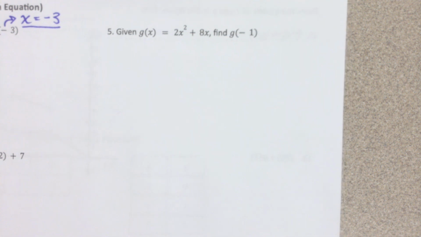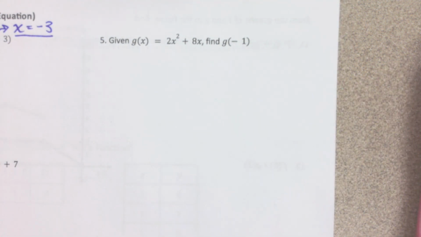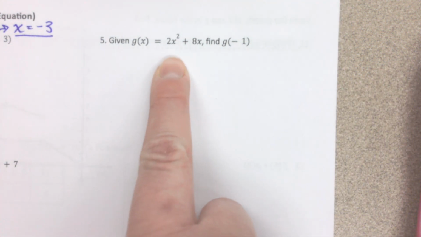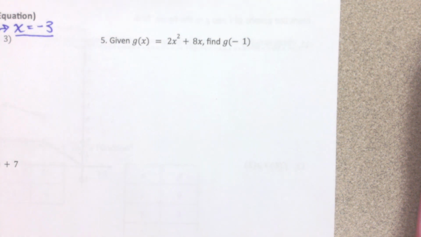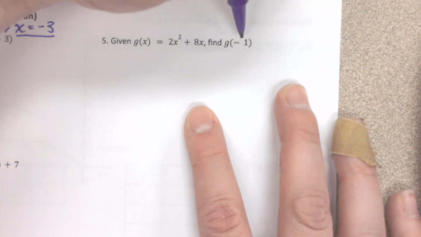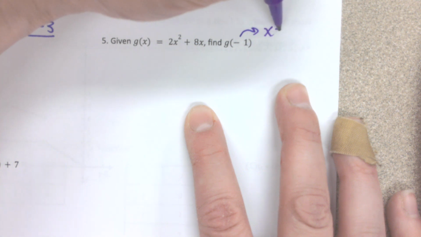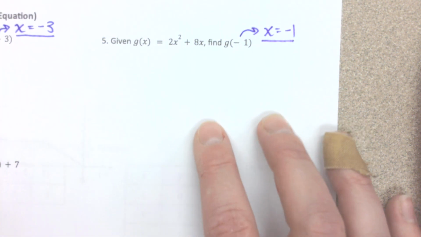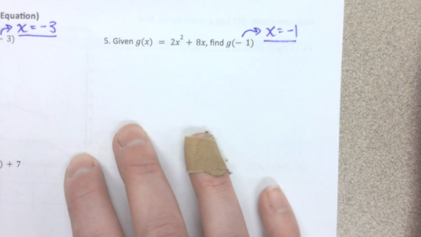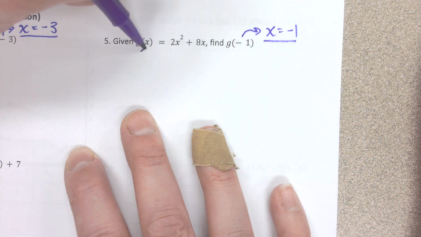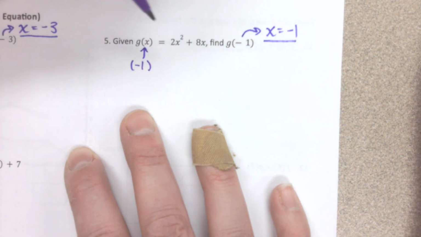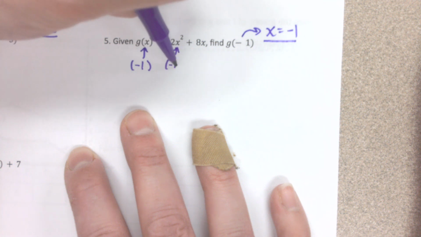Let's do another one. Number 5, given g of x equals 2x squared plus 8x, find g of negative 1. So that means x is negative 1. So anytime you see an x, we're going to put a negative 1. Negative 1 there. Negative 1 there.